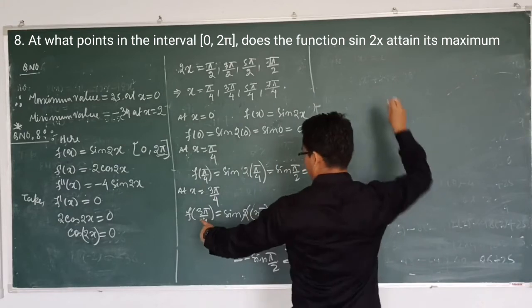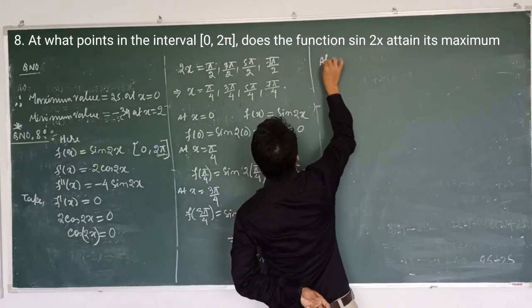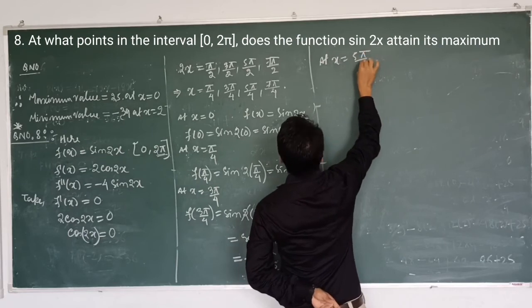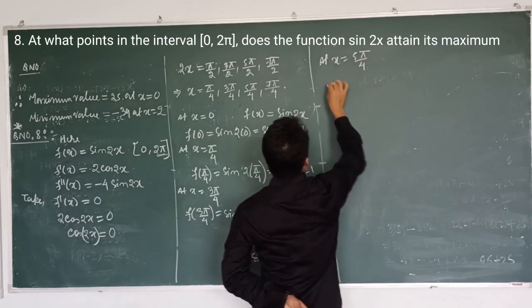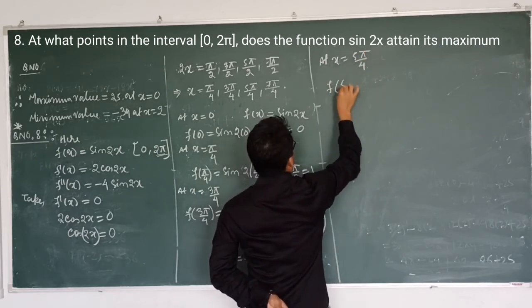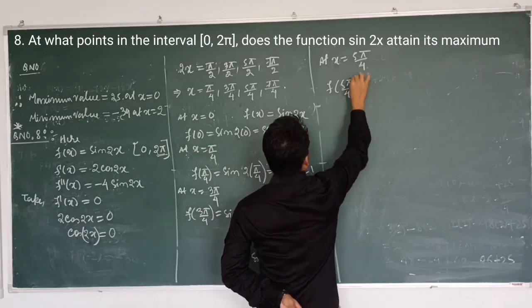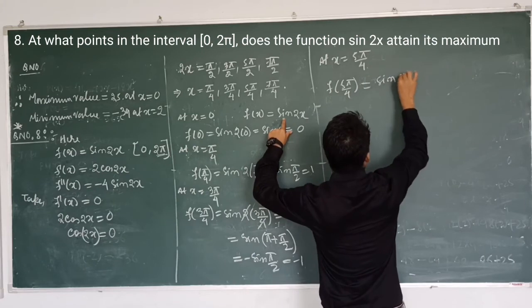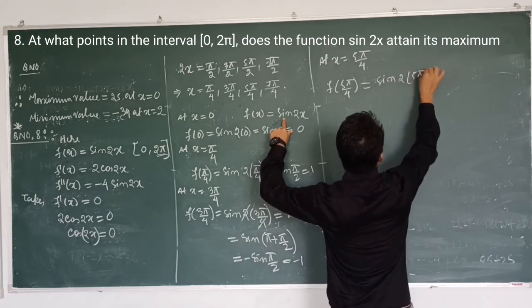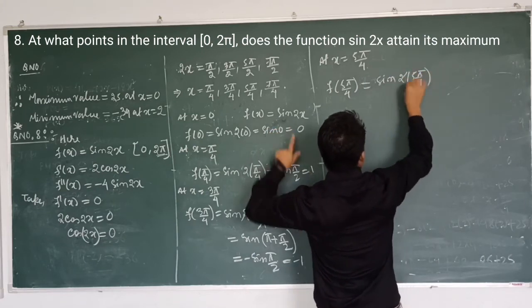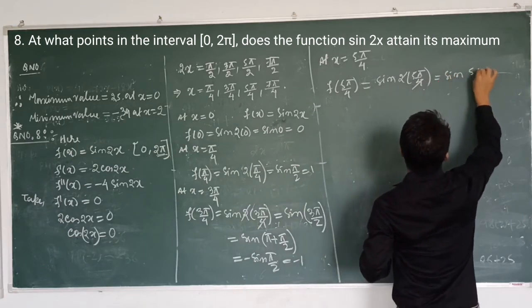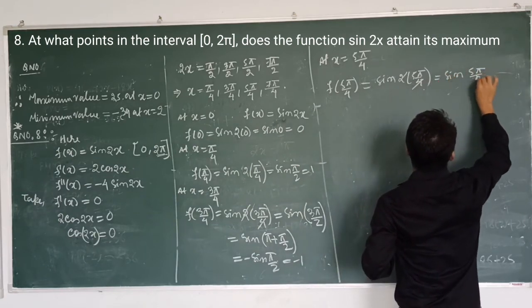At x equal to 5 pi by 4, f of 5 pi by 4, what will we get? This is sine of 2 into 5 pi by 4, the 2 cancels, that means we will get sine 5 pi by 2.